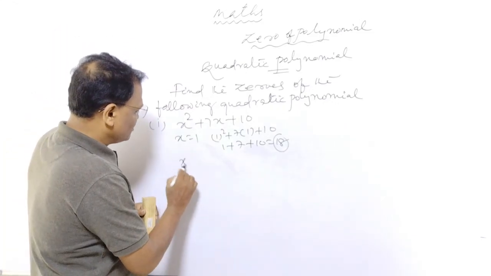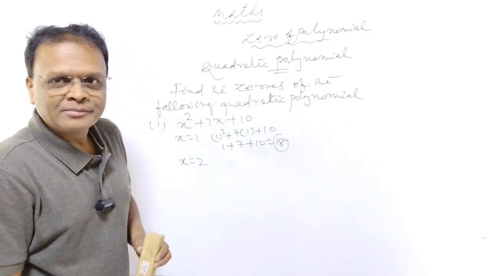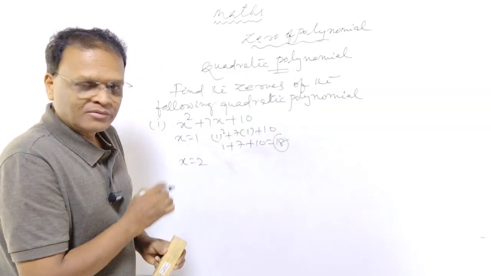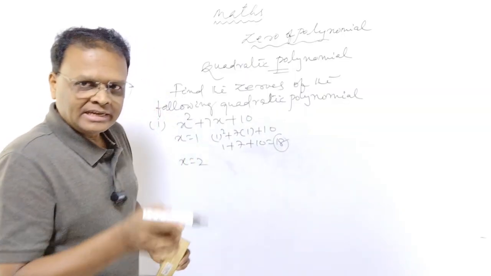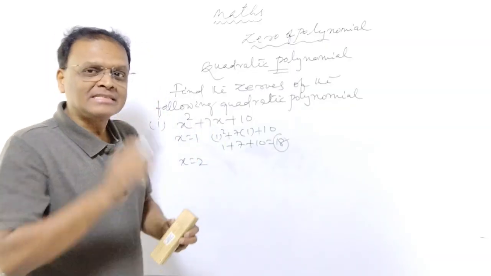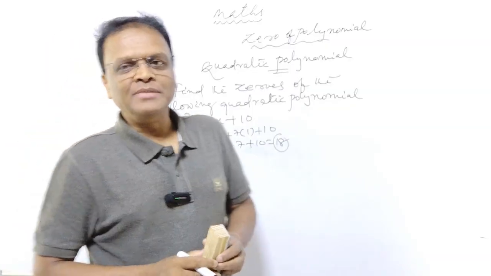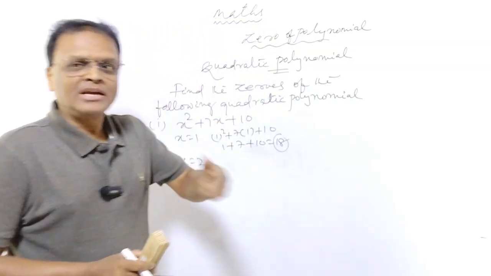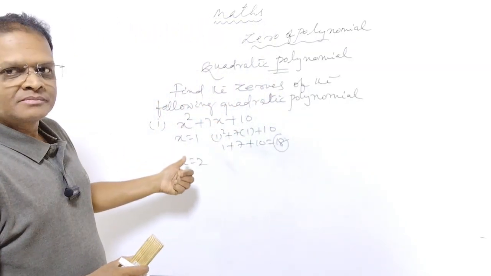If I take x equals 2, still I am not getting it. 2 squared is 4, plus 7 into 2 is 14, 14 plus 4 is 18, 18 plus 10, I am not getting 0. That means there is some method, a method in which we can find the zero of the quadratic polynomial instead of checking like this.